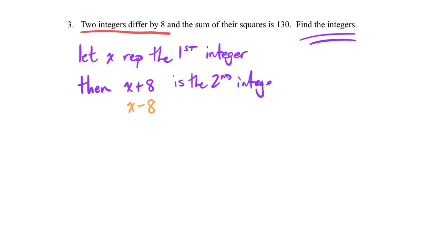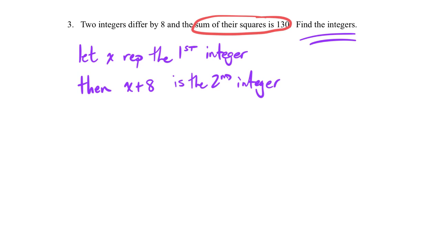But remember, you are totally good if you have the orange. Okay, I'm going to get rid of the orange. There's my first step. I have now defined my integers with expressions. You have to include let statements. It's a must. If you don't, I have no clue whether your equation is correct. Okay, now that you have that, we can now take the second part of that sentence. The sum of their squares is 130.